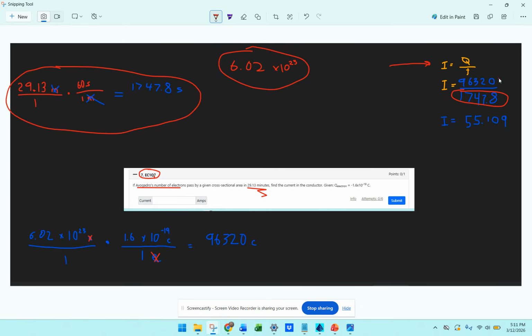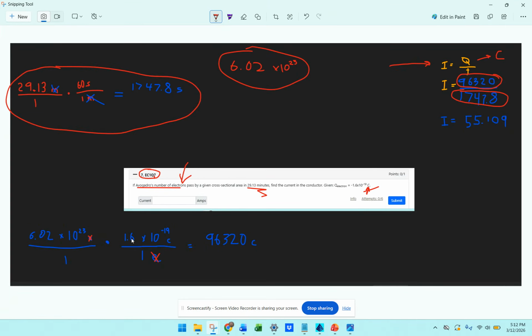And then where does this come from? Well, this comes from charge, and we have to convert charge from electrons to coulombs, because remember the SI unit for charge is the coulomb.